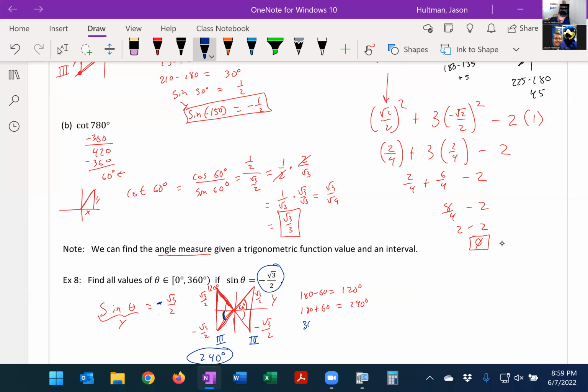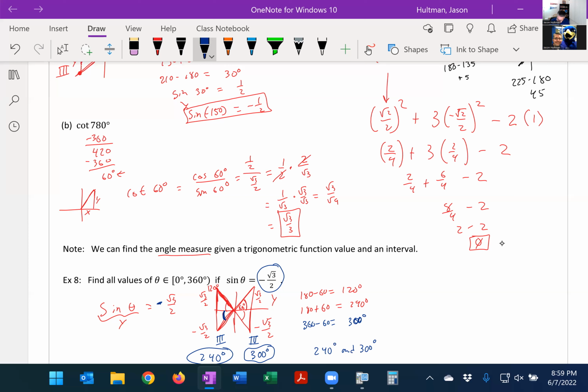Well, I'm going to take 360 and subtract off 60, and I get a 300-degree angle. So we had two solutions, 240 and 300 degrees.